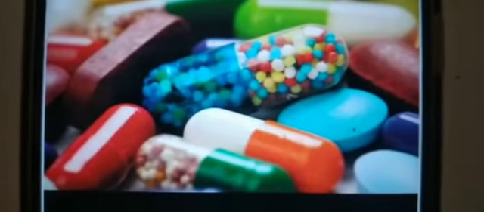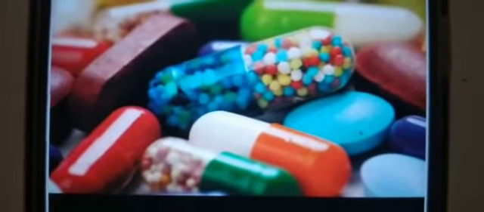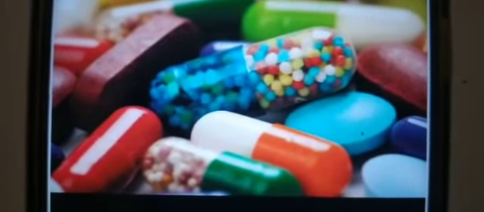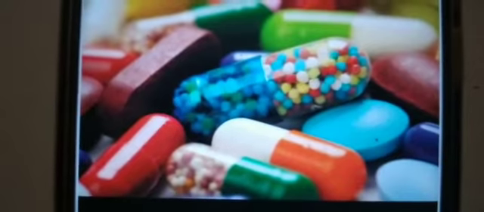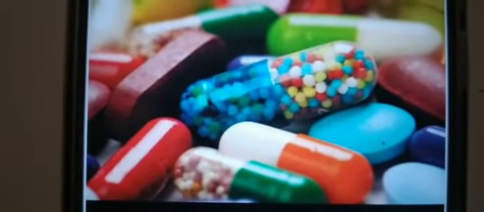So these medicines kill or stop the growth of the disease causing microorganisms. These medicines are called antibiotics. These days a number of antibiotics are being produced from bacteria and fungi. Some of them are streptomycin, tetracycline and erythromycin, examples of antibiotics made from fungi and bacteria.